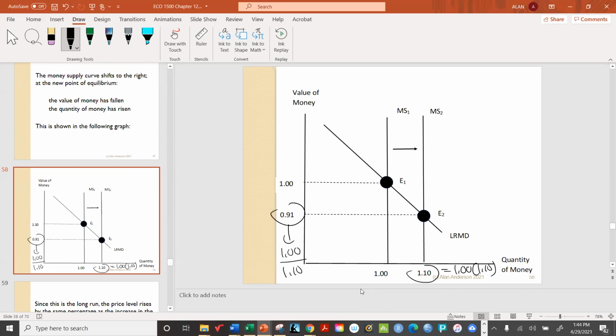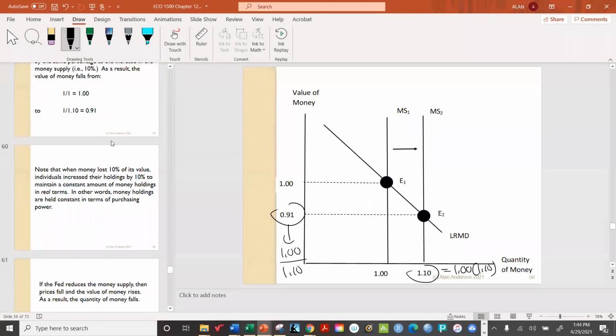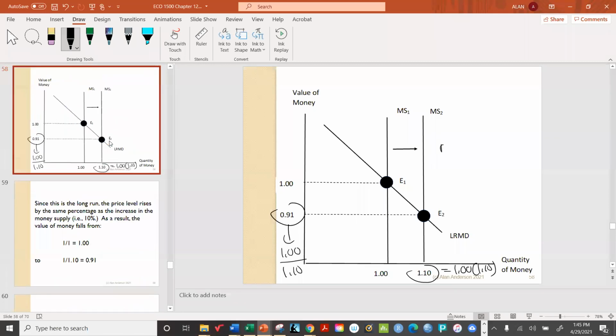Here we're dividing by 1 plus the increase in the money supply. Here we're multiplying it.